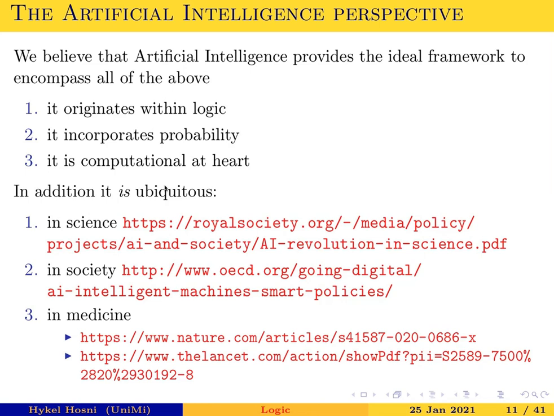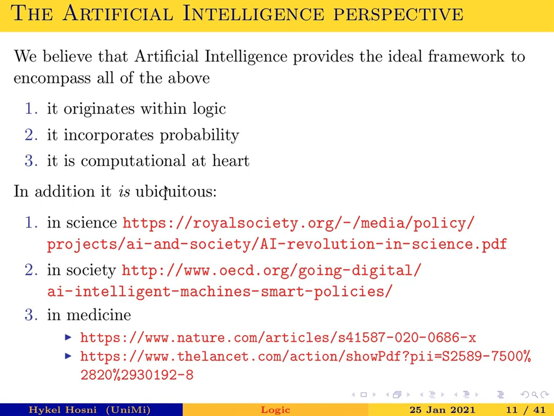AI does incorporate probability, though this is much more recent, and it is a very important part of AI, especially now in the machine learning approach, but also in the more theoretical approach. You'll see some of these things later on. And of course, AI is computational at heart. So that is the background story, to illustrate what we intend to do.